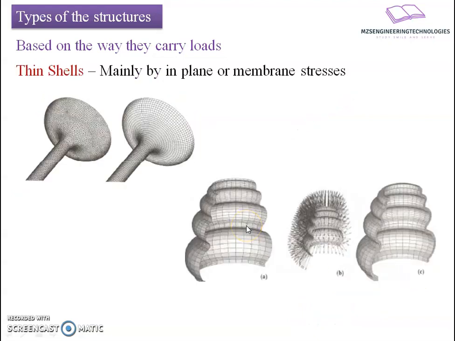The next category is thin shells. Mainly they are subjected to membrane stresses. The curvature of the body and the thrust applied across the thickness are considered. We call that type of section a thin shell section.